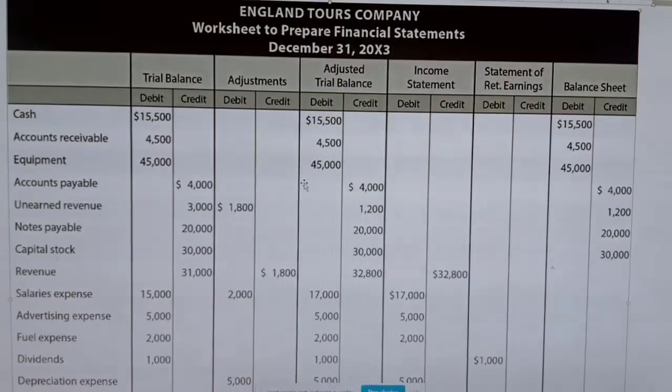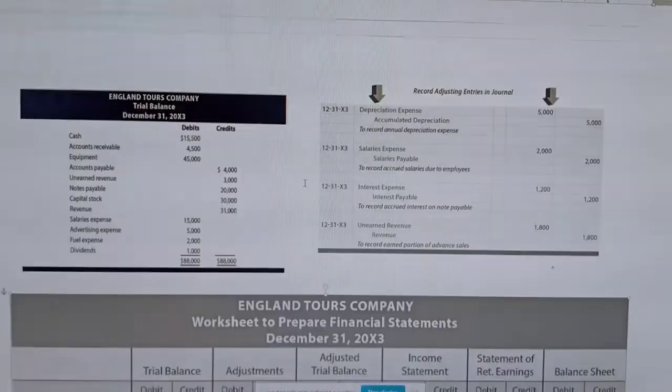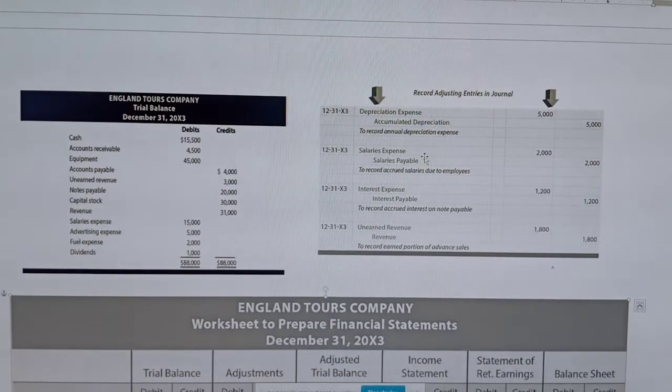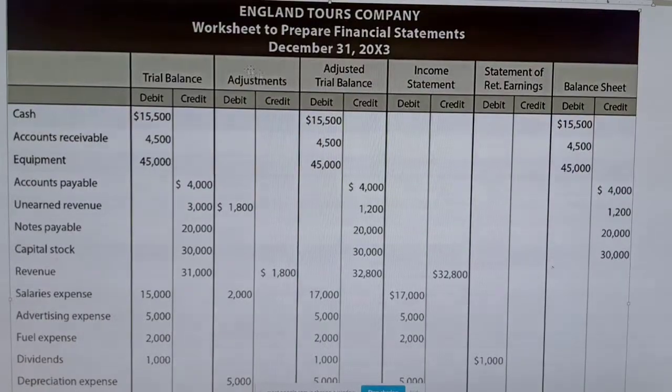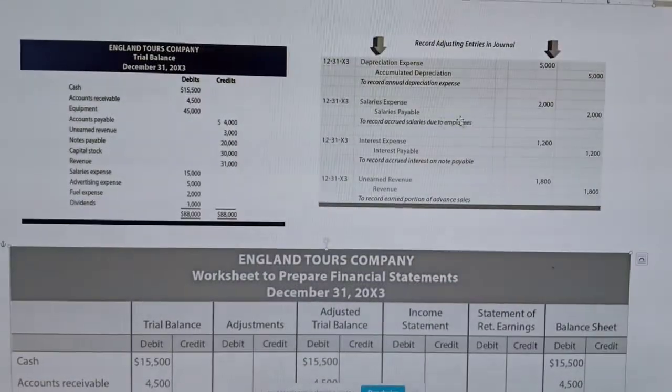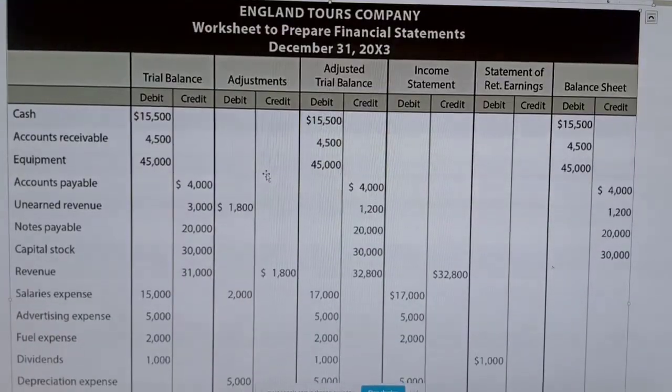Okay? So, transferring adjustment or adjusting entries from the journal to worksheet. Okay? So, yung mga adjustment data natin ay kailangan ma-transfer natin from the journal entry to this worksheet. Okay?